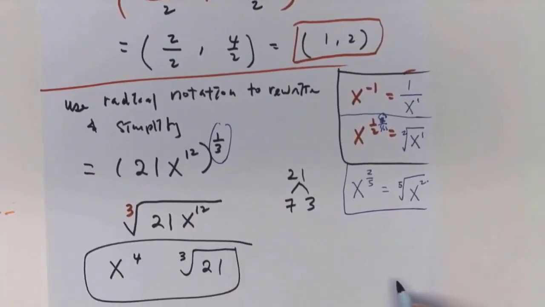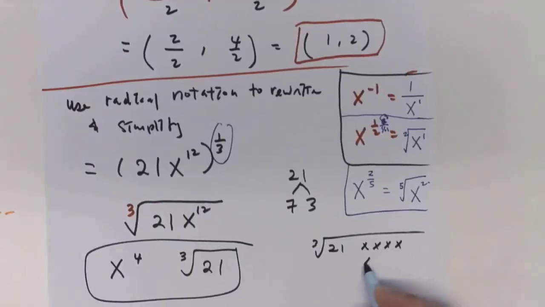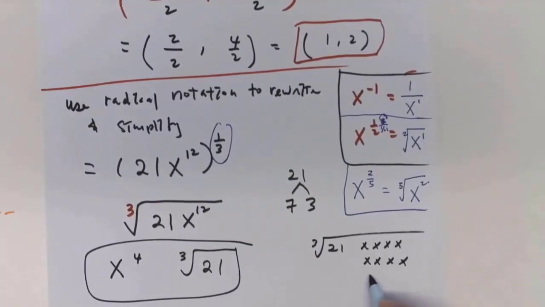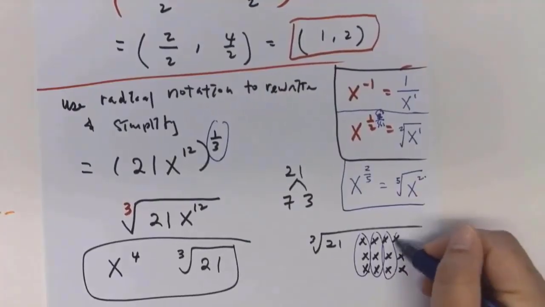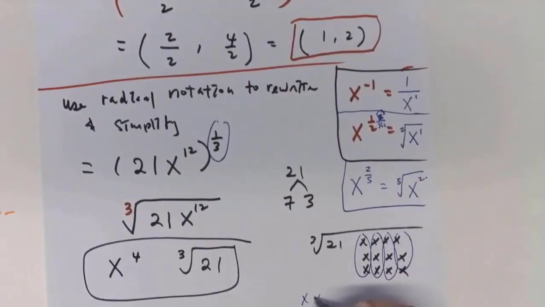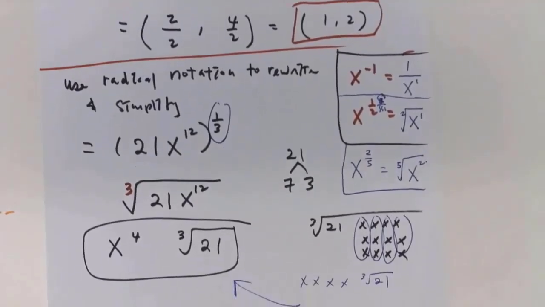And if you want to list them out, you can. You have 3 as a group, 3 as a group, 3 as a group, 3 as a group, right? So it's going to be x to the 4 times the cube root of 21. That's why we get that, right?